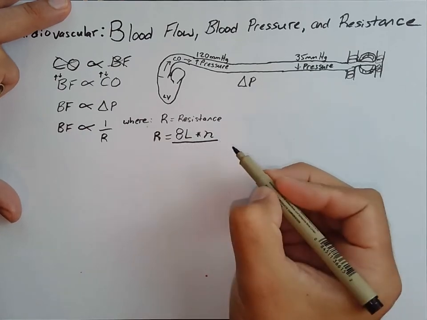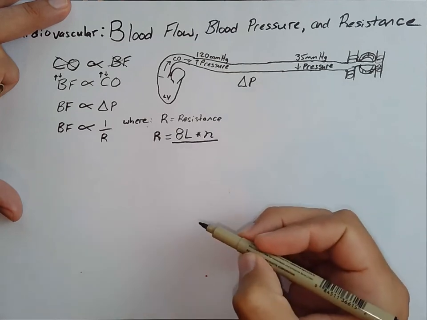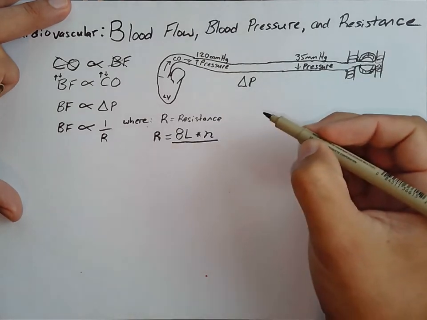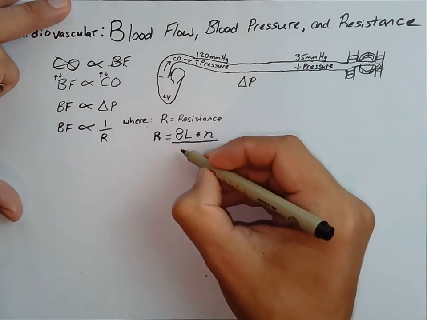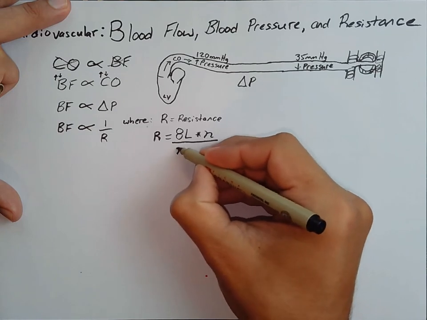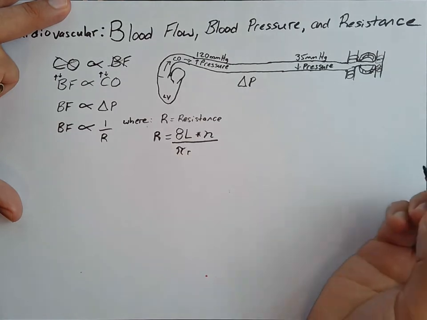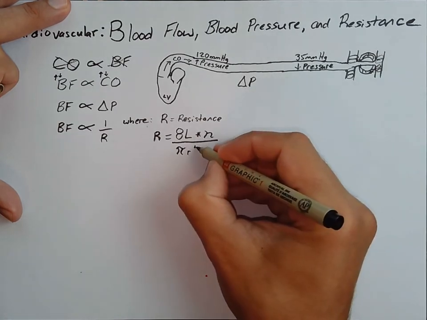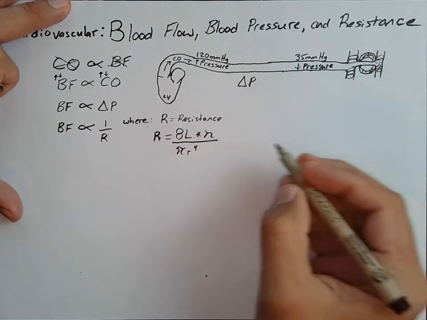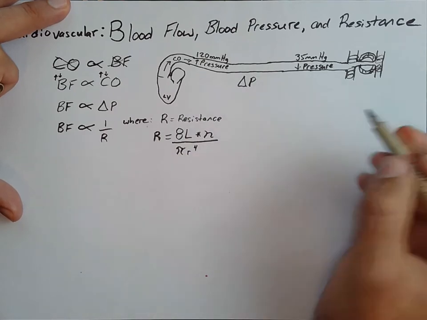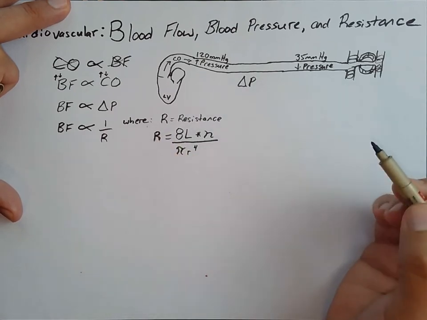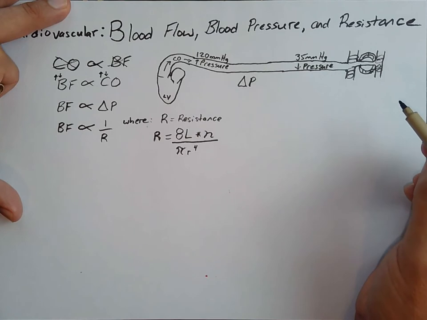All of this is going to be opposed by the diameter of that tube, and in Poiseuille's law, we end up writing this out as pi, 3.14, right? Lowercase r, which equals radius to the 4th power. This is a very important equation that describes resistance through a tube.